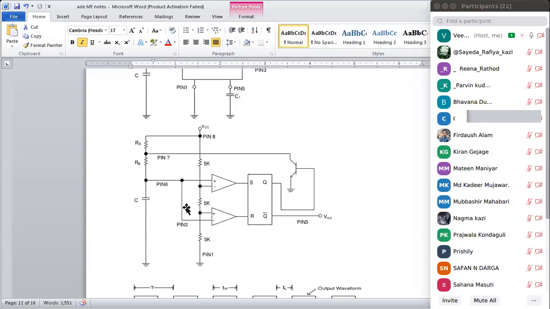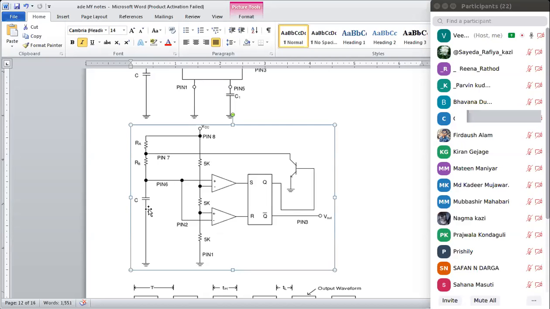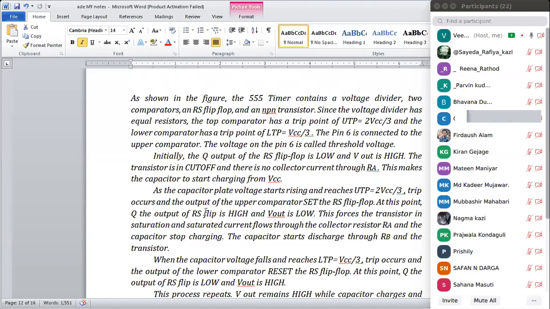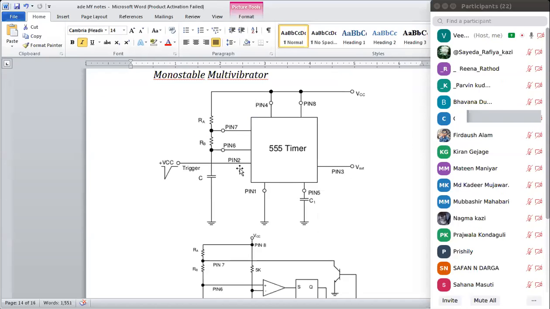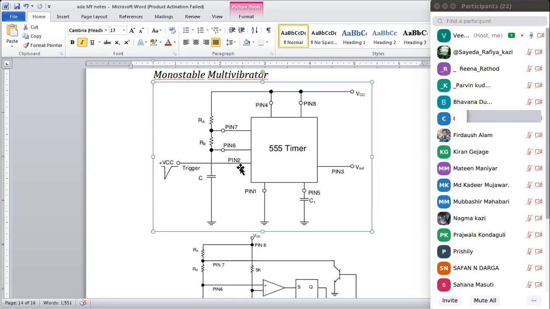Because the capacitor starts charging and discharging, to monitor that capacitor, pin number 2 of this comparator is connected to the capacitor here. But now here pin number 2 is not connected to the capacitor. It is just connected to the plus VCC triggering input.